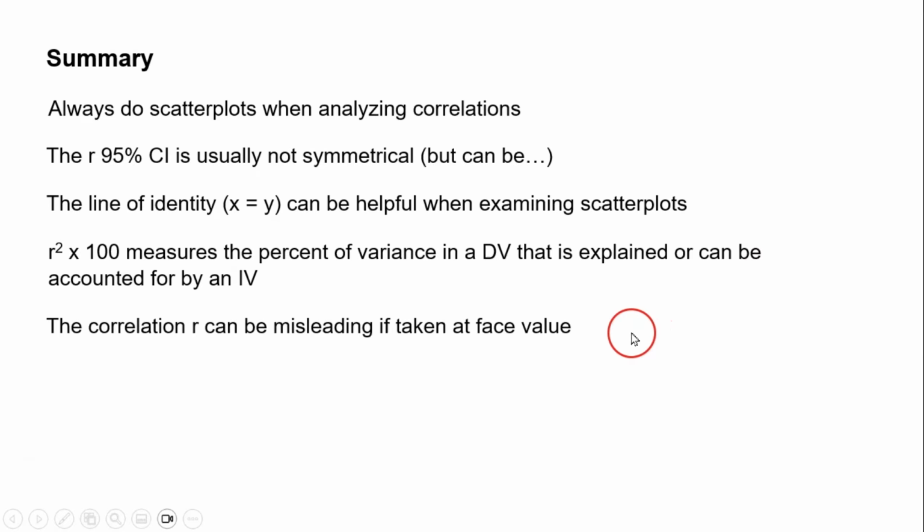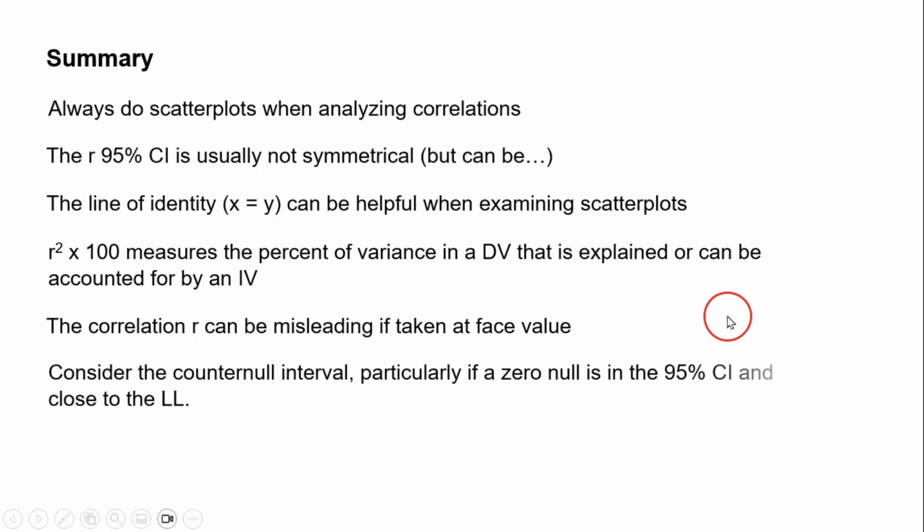The correlation R can be misleading if it's taken at face value. That's why I did the slide where I looked at all those different scenarios, because you always want to see what the picture looks like, not just the value of the correlation. And finally, you want to consider the counter null interval, particularly if a 0 null is in the 95% confidence interval and it's fairly close to the lower limit.